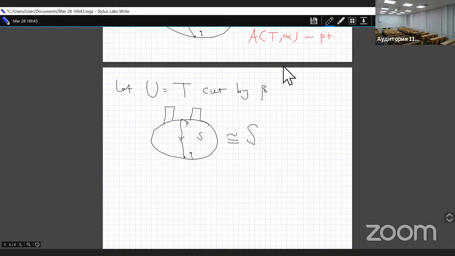Now we want to show that for every I, the induced map from the inclusion, U into T, is injective.